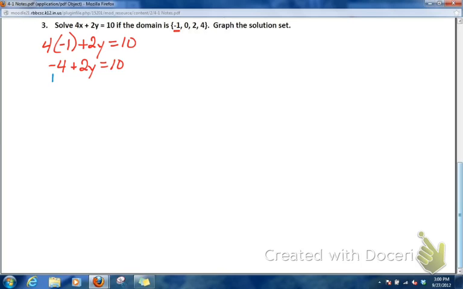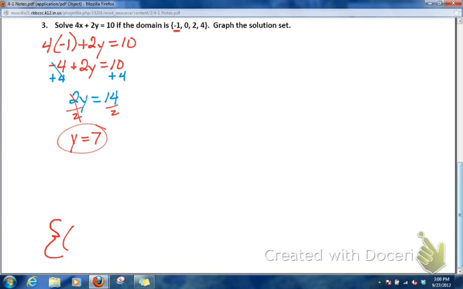So if I'm solving for y, I'm going to have to add 4 to both sides now. So I get 2y equals 14. And last step is to divide by 2. So y equals 7. So again, down here towards the bottom, I'm going to go ahead and start setting up my solution set. And in this first solution set, the first ordered pair is -1, 7.